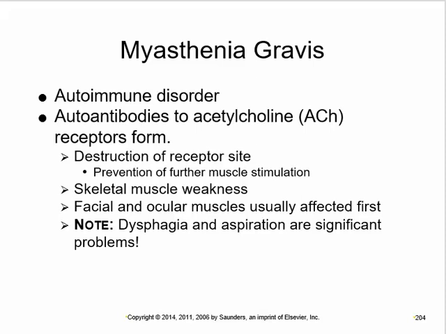So what happens is, if the muscle is not being stimulated, the acetylcholine receptors are not being attacked, and they're being produced, so you will have more of them. And then as you use the muscle and stimulate it, then the antibodies start to destroy the receptors, and you get this progressive weakness.